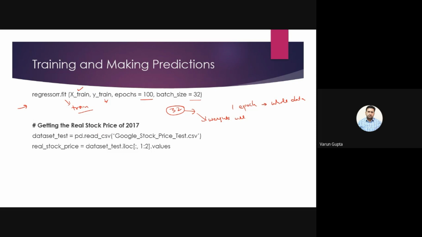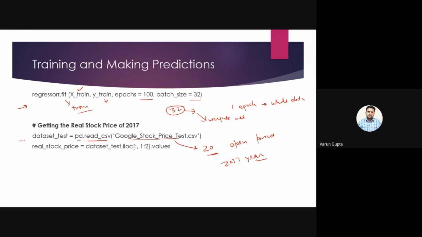For testing, as I showed you earlier, we are going to use this data that has Google stock open prices for 20 days of the year 2017. It is in CSV format, and we are bringing it into a data frame using the read_csv function of pandas.